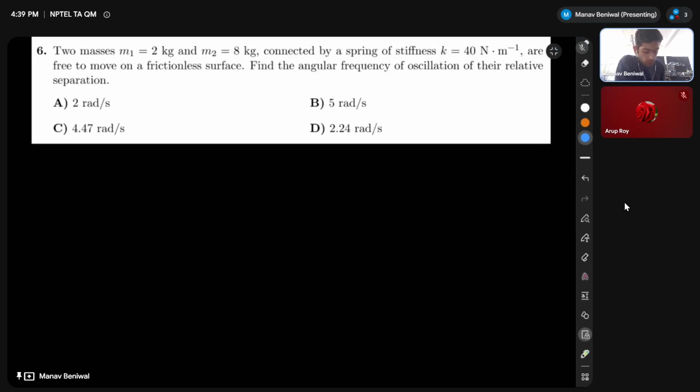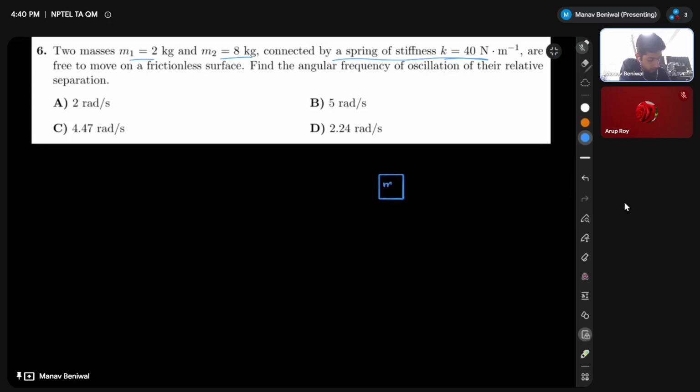So we have two masses, m1 and m2, and they are connected by a spring of stiffness k equals 40.